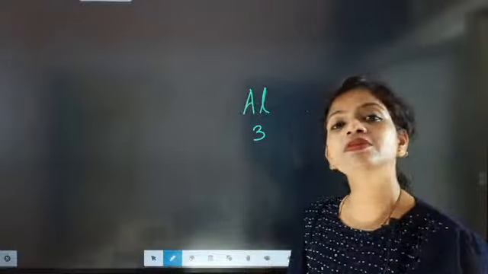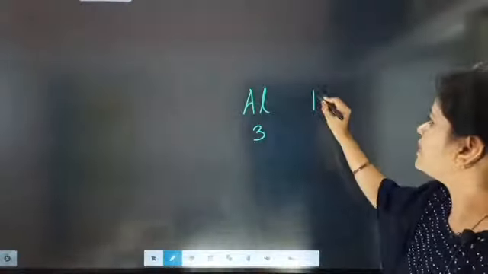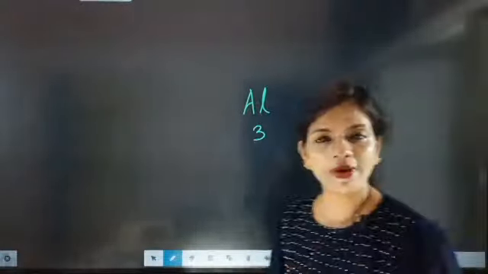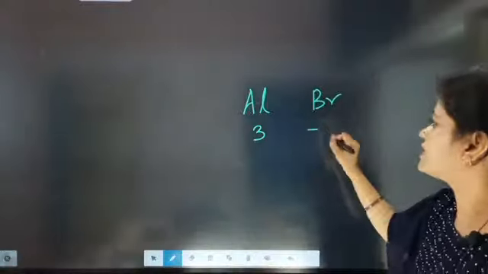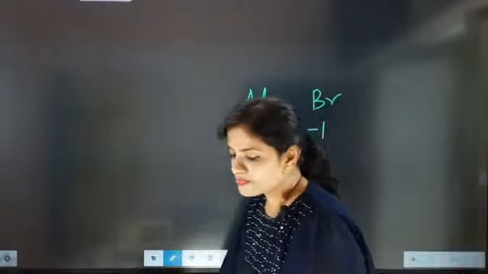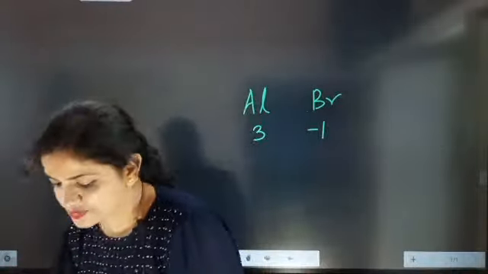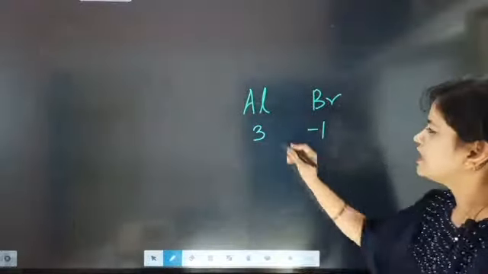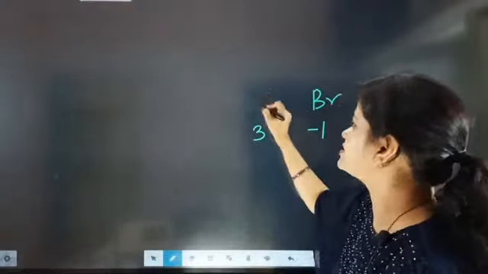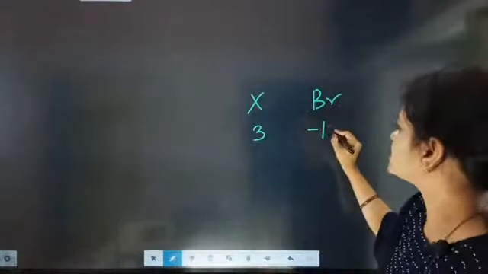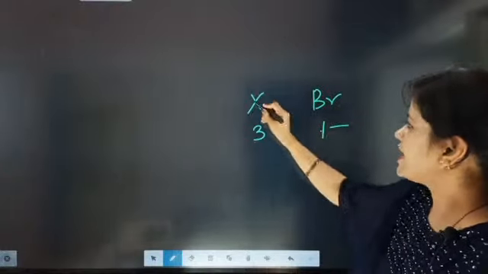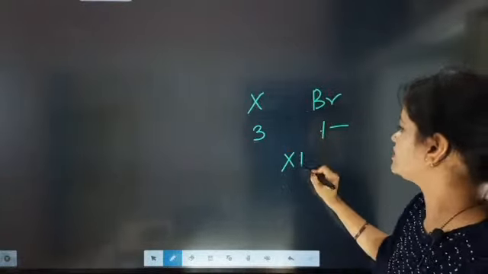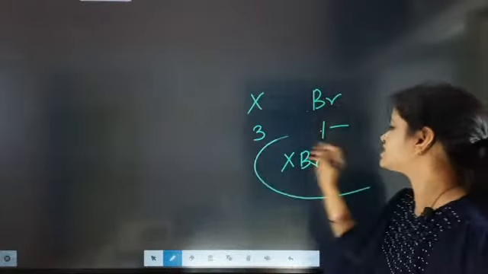So it is a metal, which means it will donate electrons. Bromine is a non-metal and it needs exactly 1 electron. So what will be the formula? They have given it as X, so instead of aluminium they have written this element as X. So this will take 3 bromine atoms, and the formula will become XBr3.